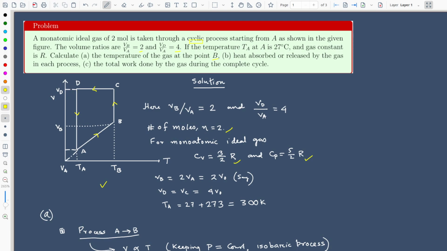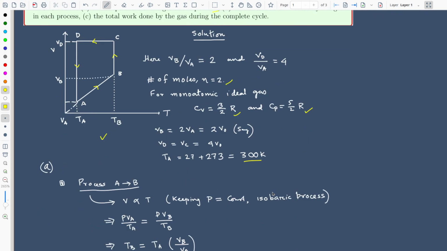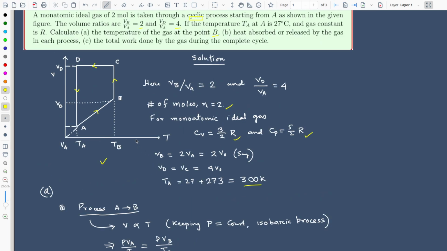It is clear from this diagram, Vd equals Vc, that is 4 V naught, and Va is V naught, and Ta equals 27 plus 273, which is approximately 300 Kelvin.